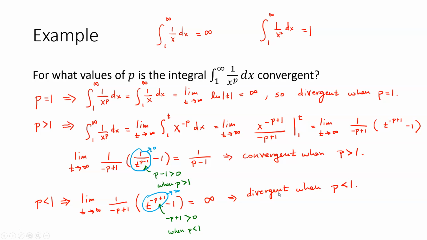Okay, so what we see in general is that, I'll summarize it down here, the integral from 1 to infinity of 1 over x to the p is convergent when p is greater than 1 and divergent when p is less than or equal to 1.